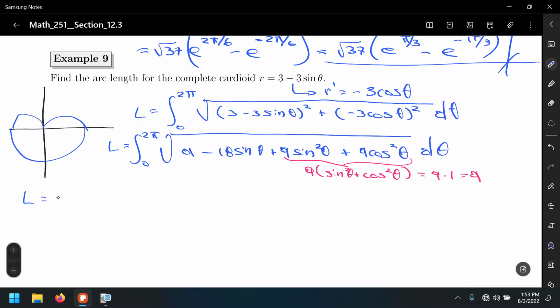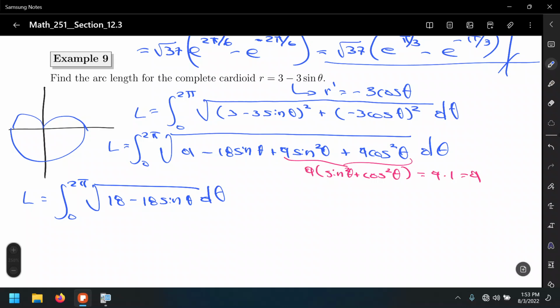Okay, so L equals the integral from 0 to 2 pi of 9 plus 9, that's 18, minus 18 sine theta, d theta. And of course, we can simplify this integral because notice we have a common factor.